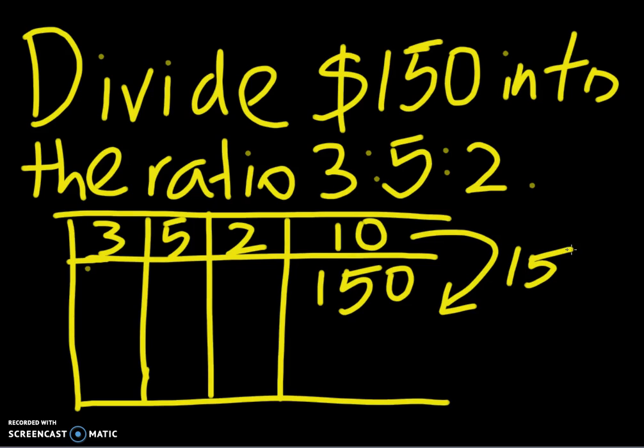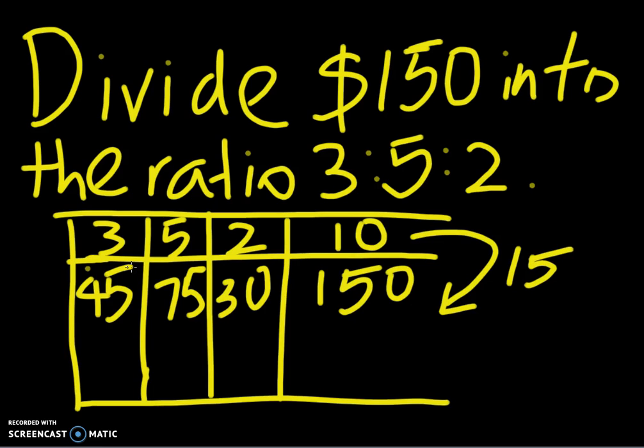3, 5, and 2. So 2 times 15 gives us 30. 5 times 15 gives us 75. 3 times 15 gives us 45. As you can see, 45 plus 75 plus 30 gives us $150.